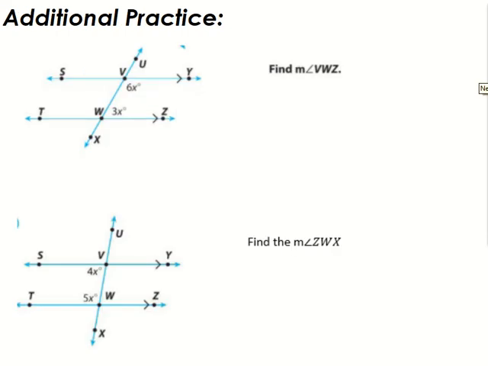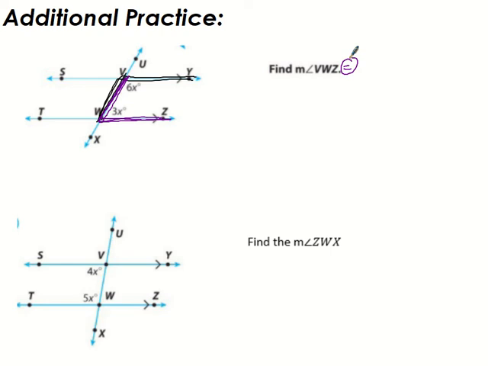Okay, so here's our additional practice. We have angle YVW, and that's 6x right here. And we have angle ZVW, or VWZ, here in purple. And they want us to find the measure of the purple angle.